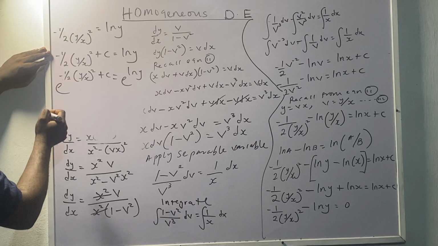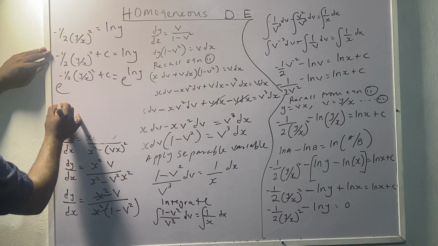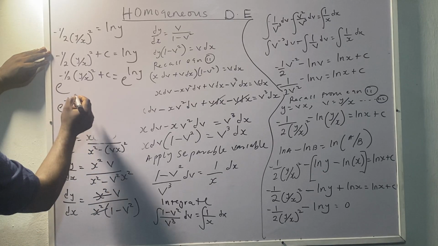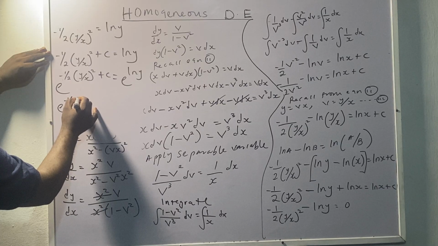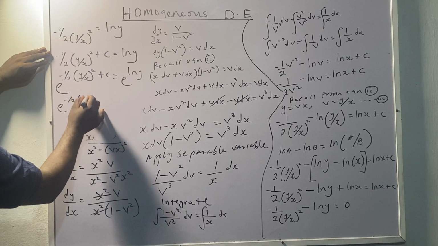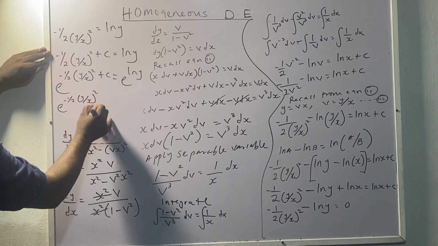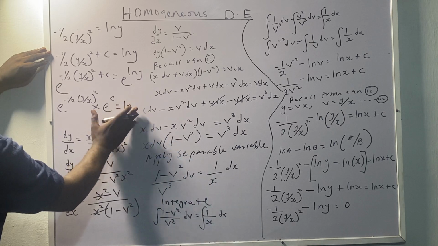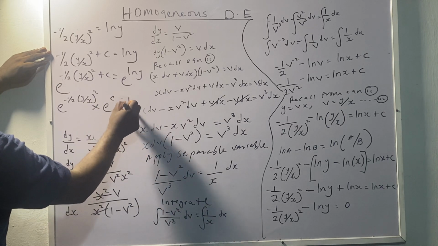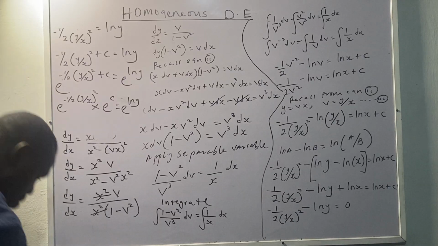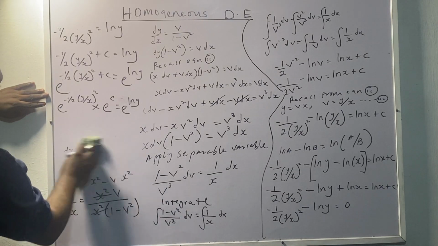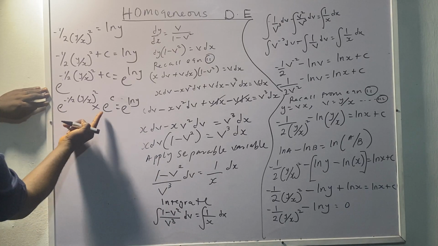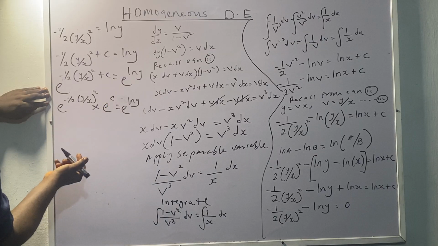So in mathematics, this one is the same thing as this, and it's the same thing as this. So from here, this is a constant, multiplied by this constant is a constant.